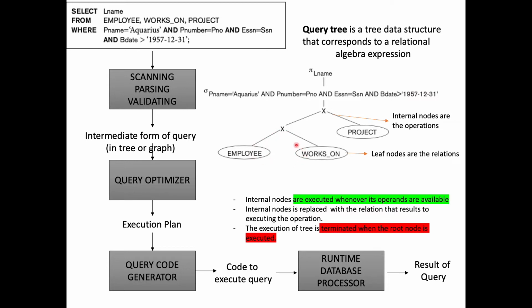Okay? And then, finally, once employee cross works on is available, then we can perform another Cartesian product on the resulting table and the project table. And then, later on, the execution will be terminated once we reach the root node. Okay, so that's how a query tree is evaluated.